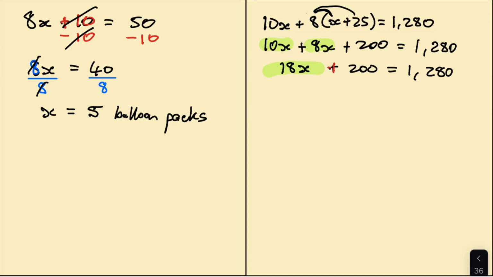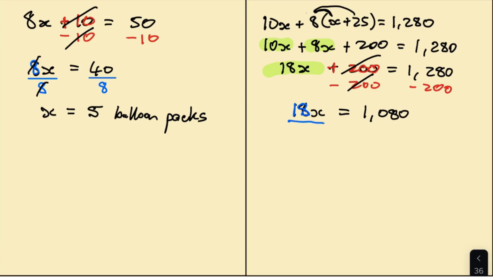That 200, I need that to disappear. To undo addition, I subtract on both sides. The 18x continues down. The 200s cancel. And on the right side, I've got 1,080. Now I simply need to divide by my coefficient of x.